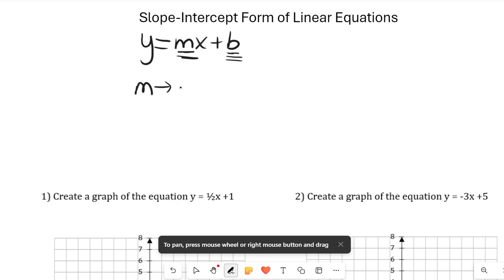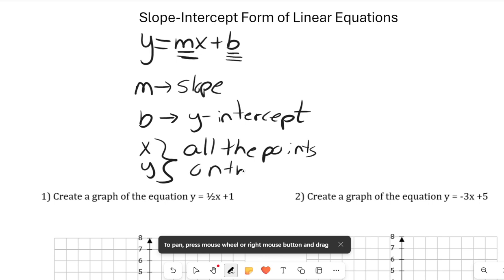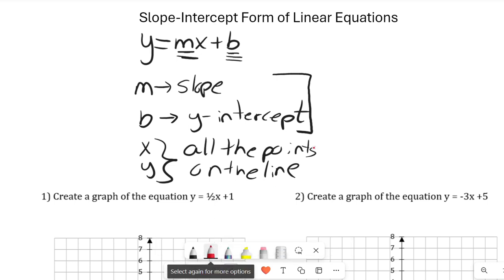So that value of m is the slope of the line. b represents the y-intercept. x and y represent all the points on the line. m and b are called parameters.